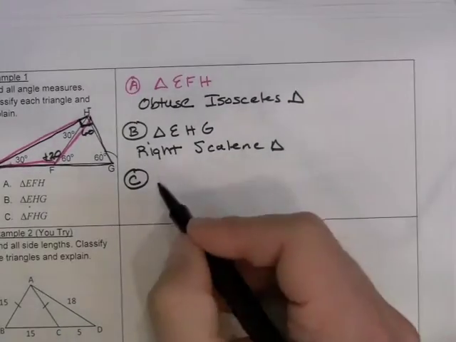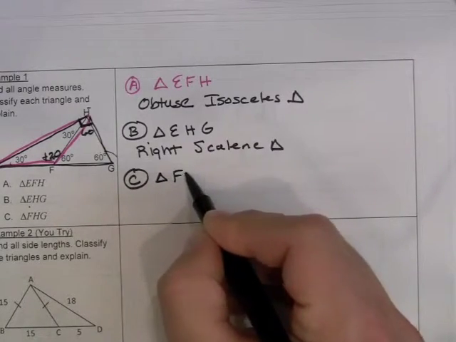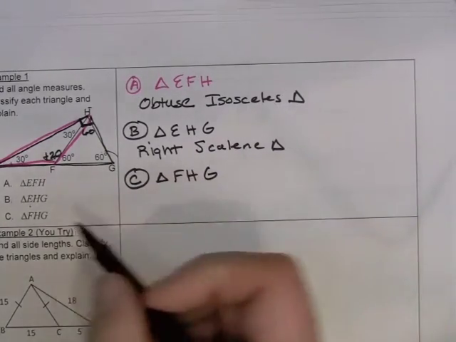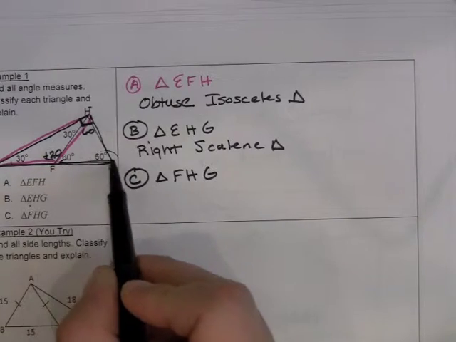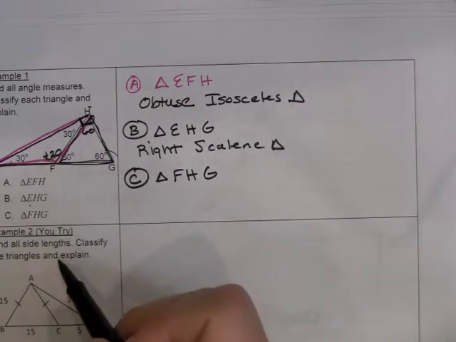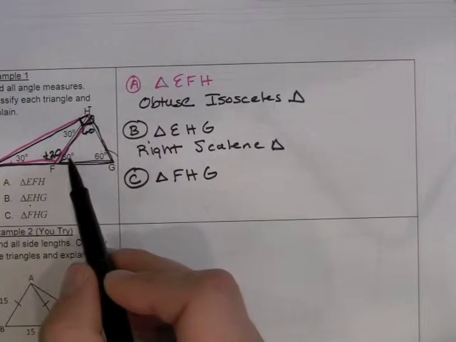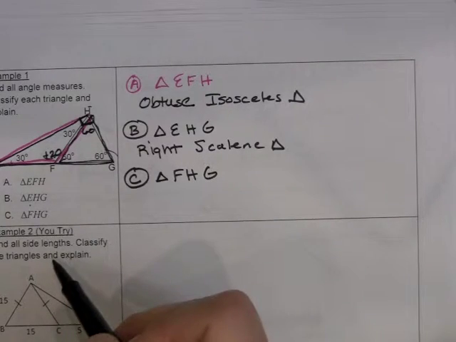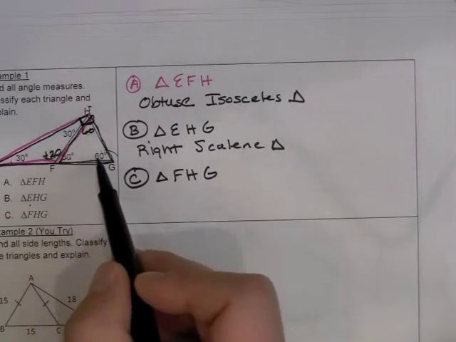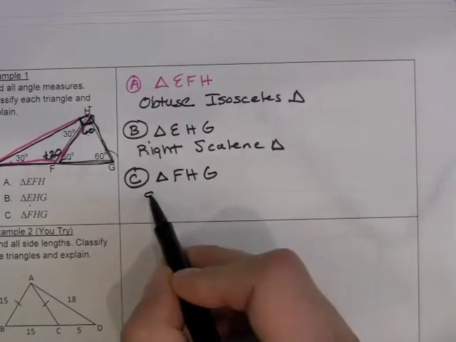And lastly, that is triangle FHG. In triangle FHG, which is this one right here, you should notice that all three angles are 60 degrees. When you have all three angles 60 degrees, that's called equal angular.